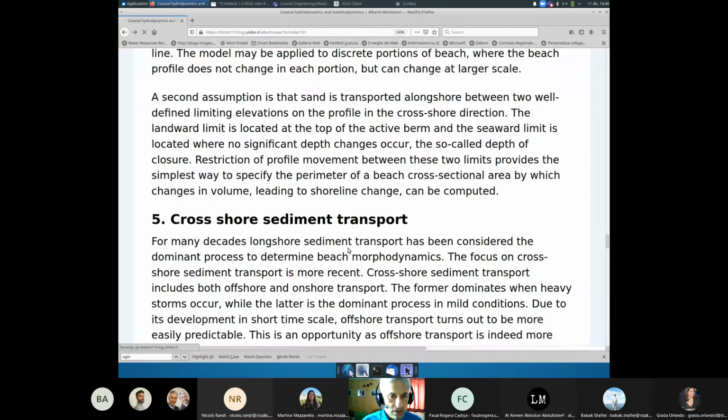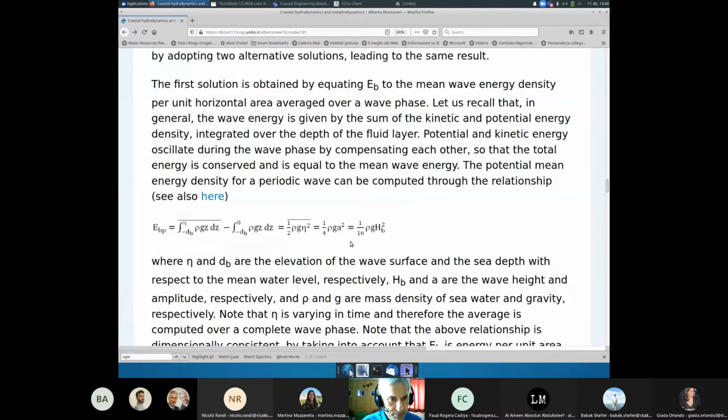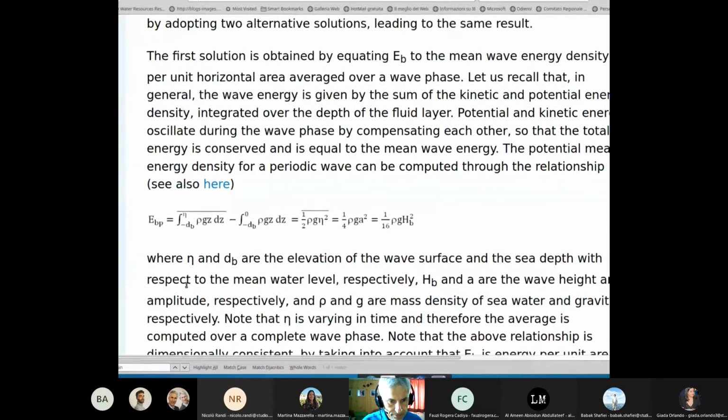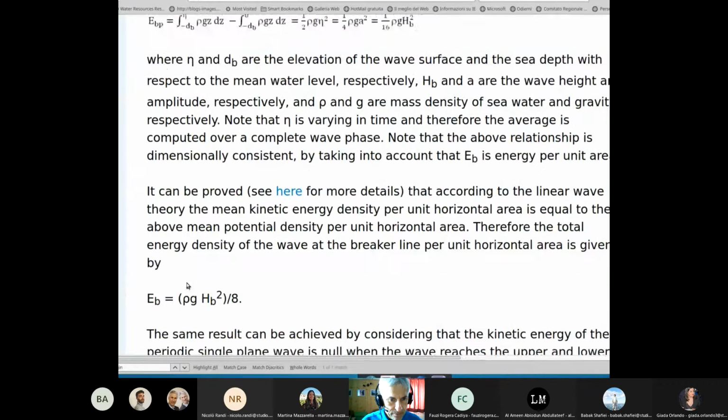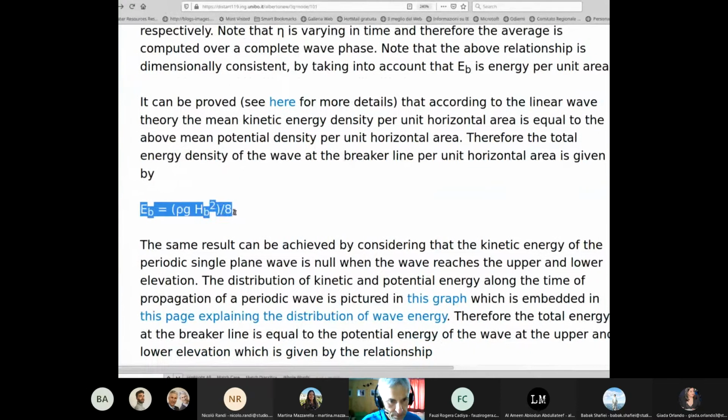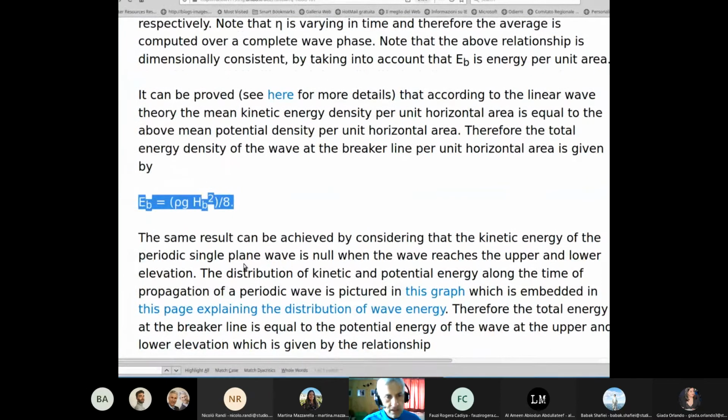And then we said we need to add the kinetic energy, which is the same. And this is why we end up, I go back to the web page, just 1 second, we end up here with, let me increase the size again, with this expression, which is equal to the previous one, with the difference that you divide by 8 instead of 16.